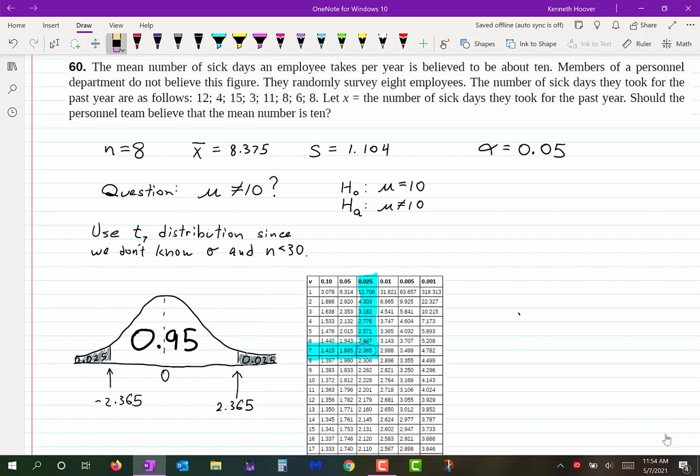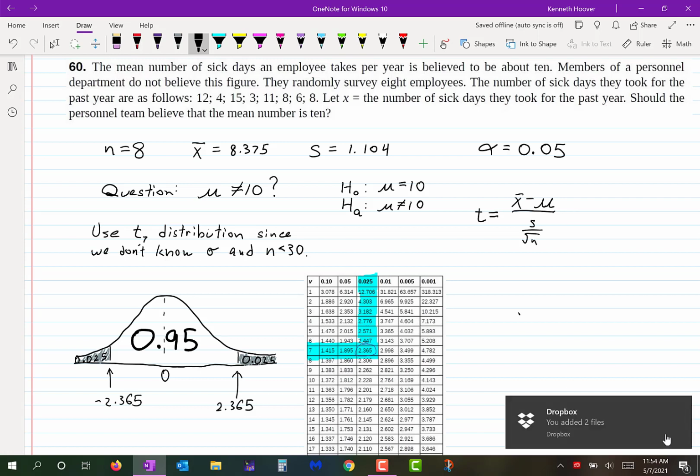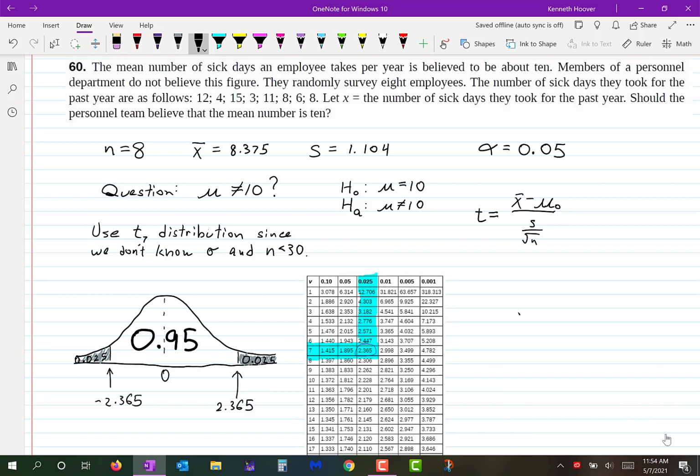Now we calculate our t-score, not a z-score this time, instead a t-score because we're using a t-table, not a z-table. Now that's x bar minus mu naught divided by s over the square root of n, just like always.